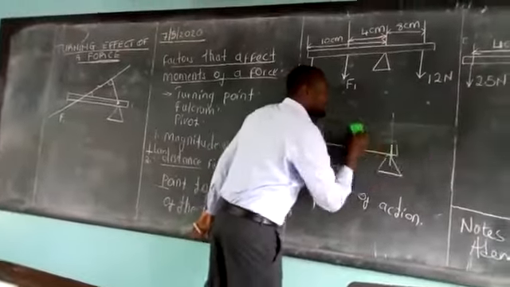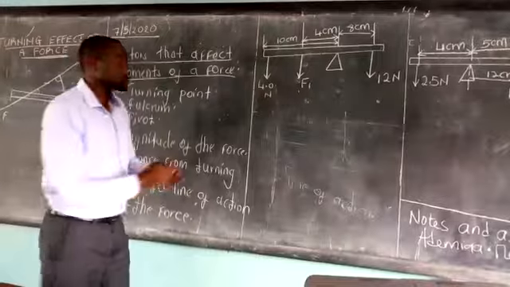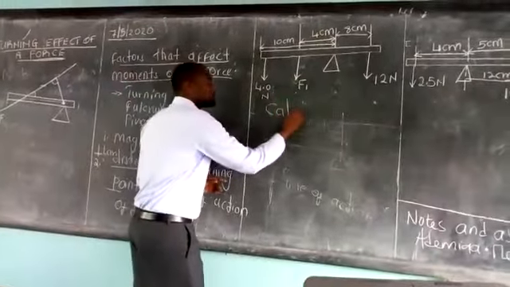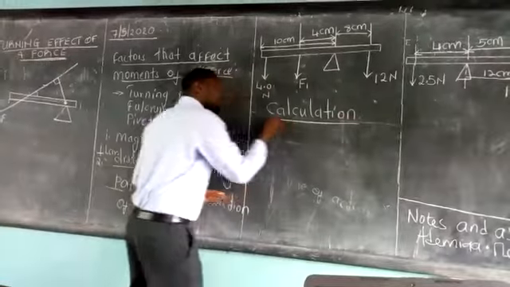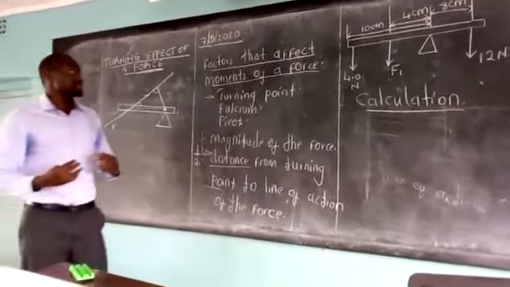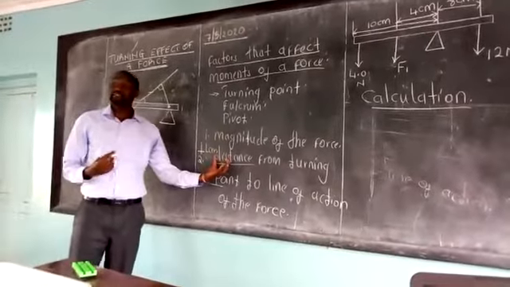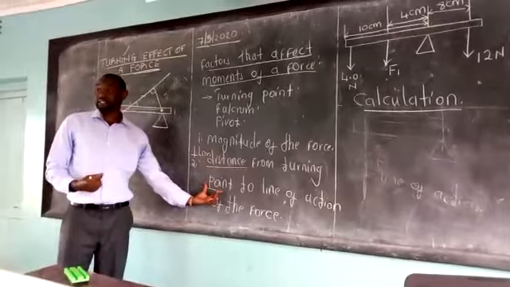How do we calculate the moment of a force? We've seen that the two factors that affect the moment of a force are the force itself, the size of the force, and two, the perpendicular distance.